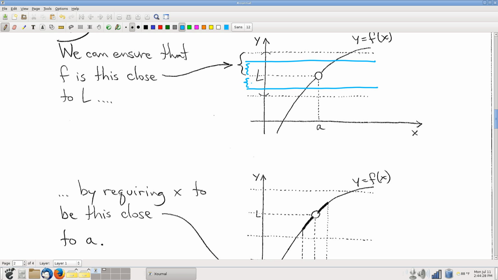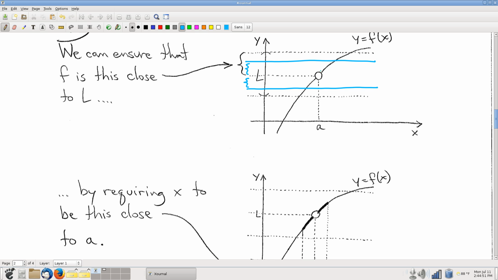All right, in other words, what if I needed to ensure that the value of the function was in this range? Well, can I do that by requiring x to be appropriately close to A? Is there some restriction that I can put on how far x is away from A? And in fact, there is.